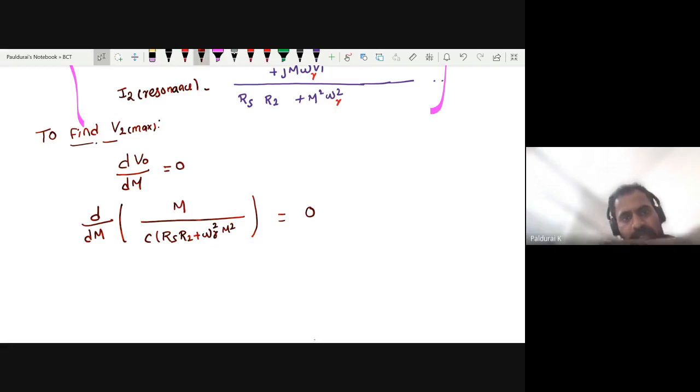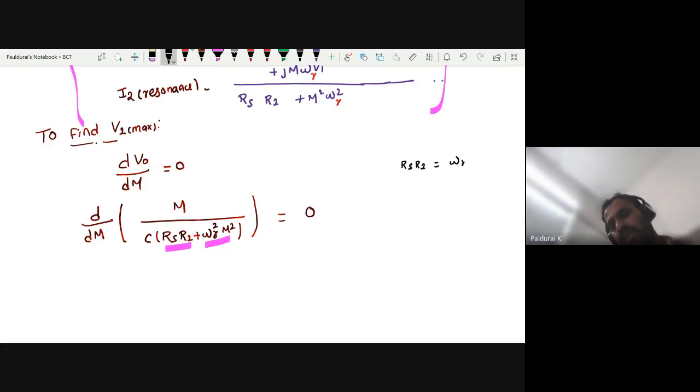Here the first term is Rs R2, the second term is omega R squared M squared; both will be equal. If you differentiate this, you will get Rs R2 equals the second term, omega R squared M squared. From that, what is the condition for max?